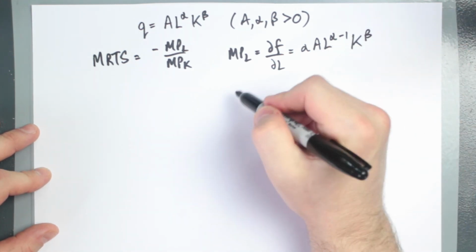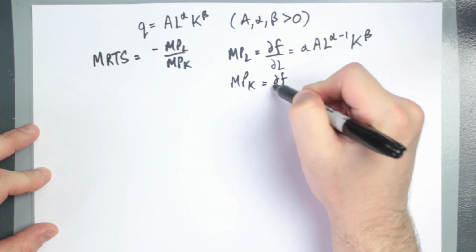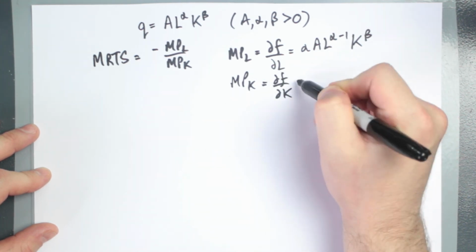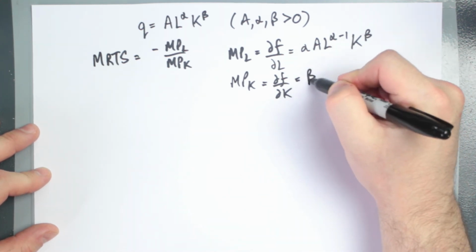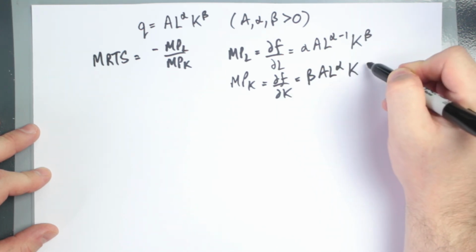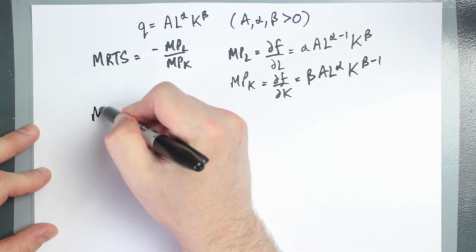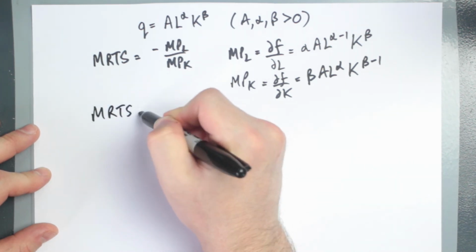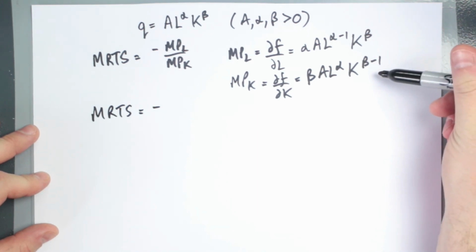And the marginal product of capital would be a similar expression, but partially differentiating with respect to capital. So I would get beta times A, L to the power alpha, K to the power beta minus 1. So the marginal rate of technical substitution would be the negative of this expression divided by this expression.